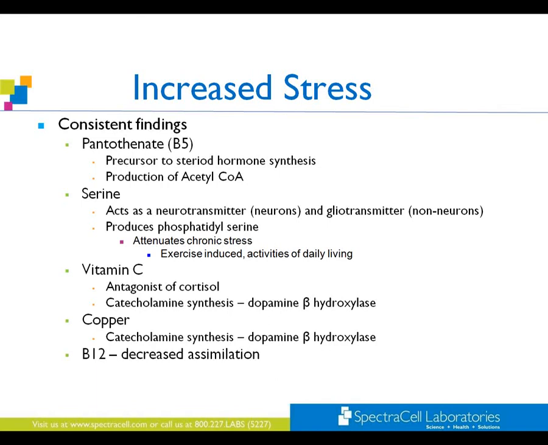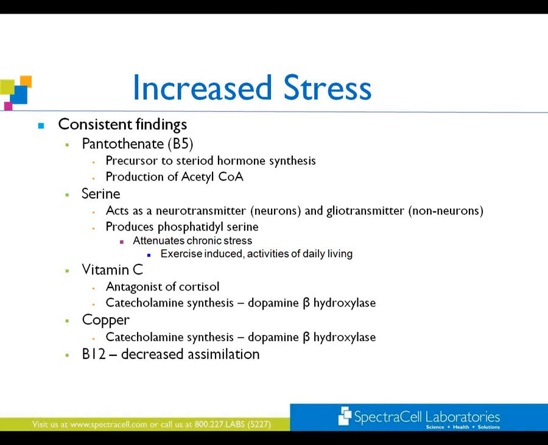We'll look at this on the next slide. One of the things you'll see is that as individuals move further into a chronic stress state, their levels of B5 continue to decrease.